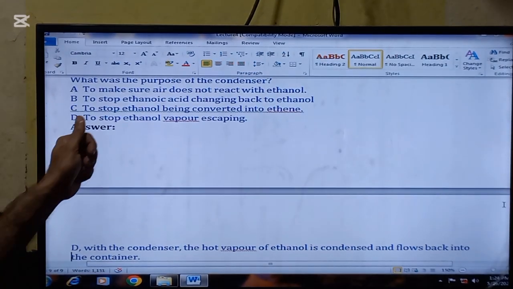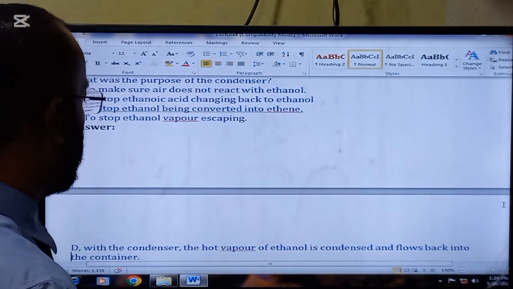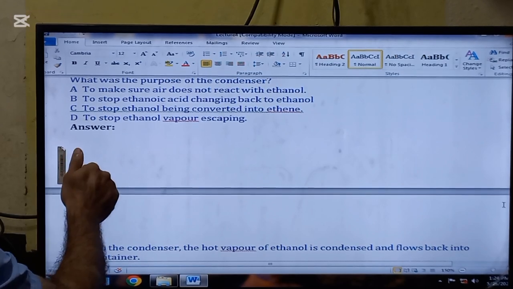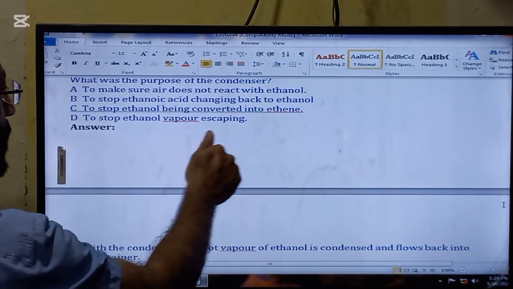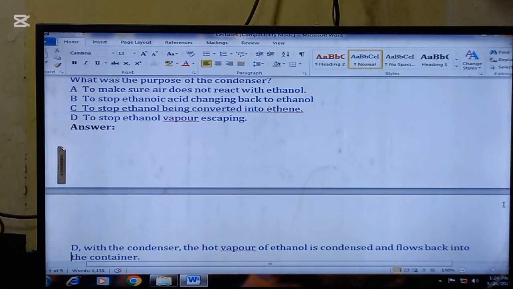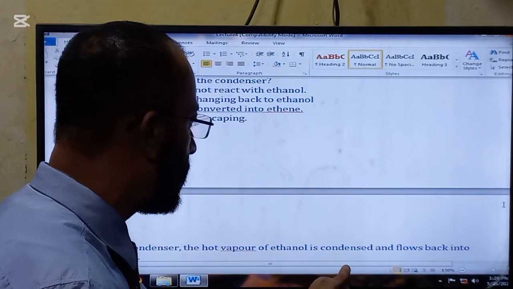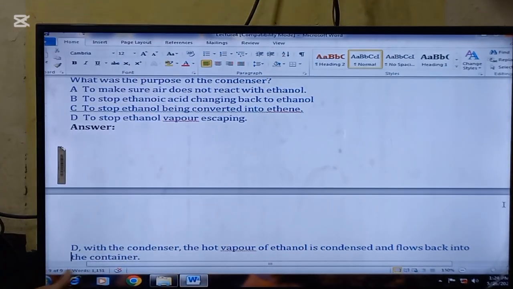Question is, what was the purpose of the condenser? The answer is D, to stop ethanol vapors escaping. With the condenser, the hot vapor of the ethanol is condensed and flows back into the container.